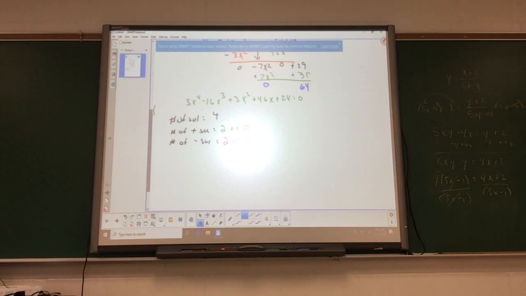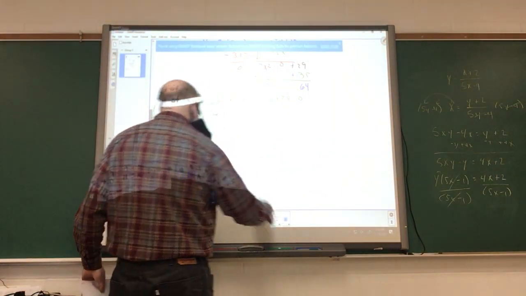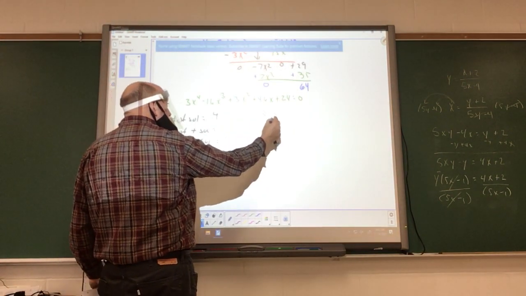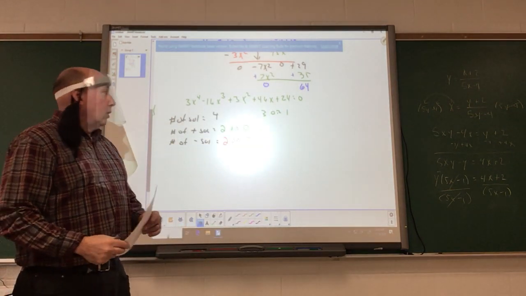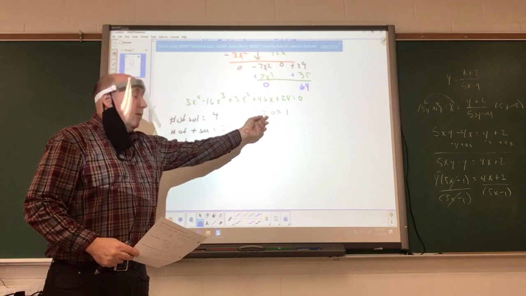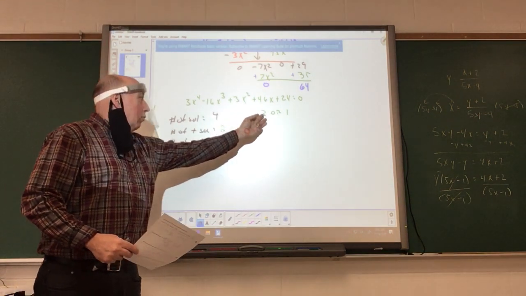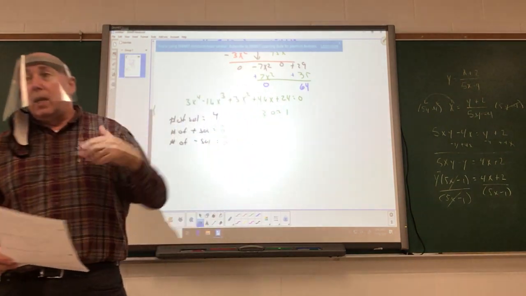If we came down to 3 sign changes, we have 3 or 1 solutions, because I subtract 2 from 3 to give me 1.